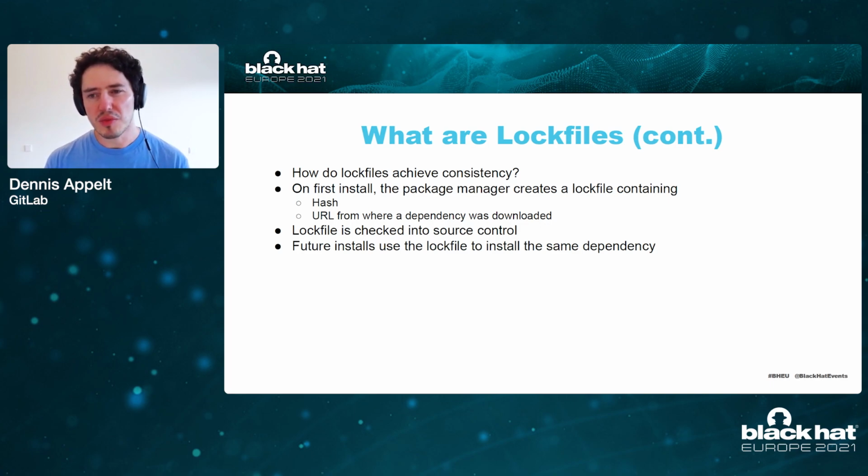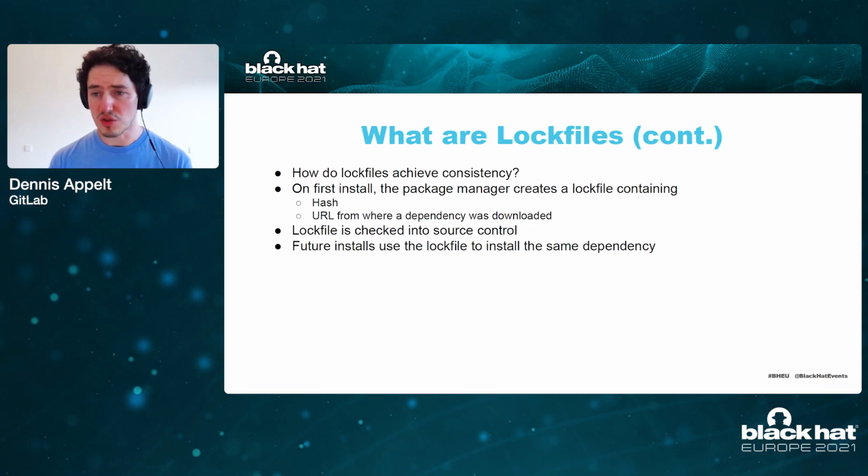So every time the package manager adds or updates a dependency, it's writing to the Lockfile the exact URL from where it pulled down the source code and the exact version that was installed, so that future installation runs can go back to this information and download again the exact same version of the dependency.